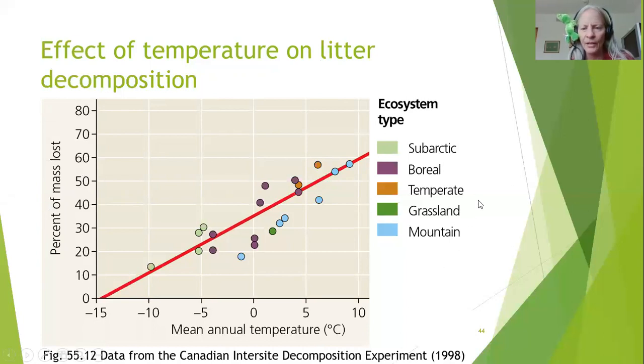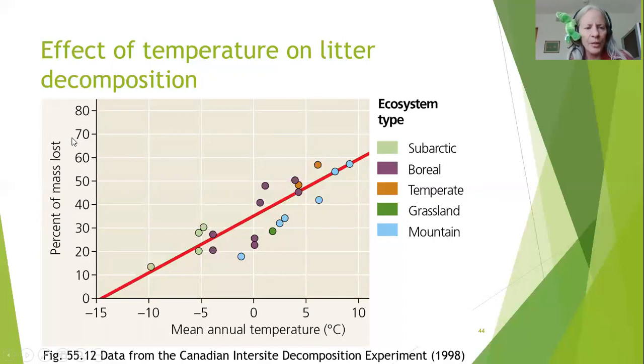You can see that this study, which was done in Canada, looked at all different kinds of ecosystems. Subarctic boreal, boreal would be coniferous forest, northern coniferous forest, temperate grassland, mountain, and the temperate would be a temperate forest like what we have around here.